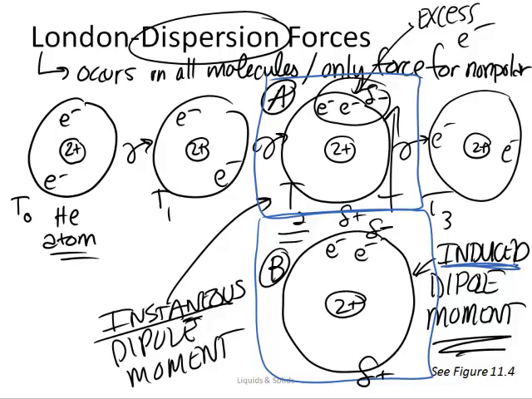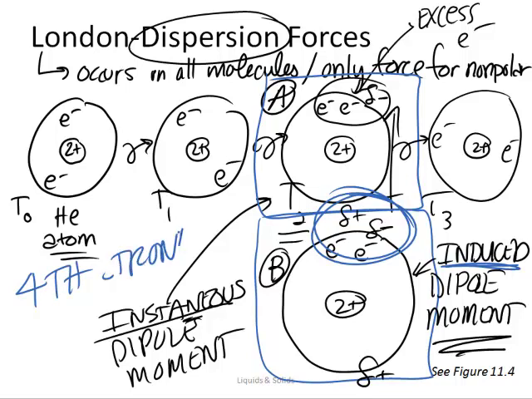Okay, so now we can see how nonpolar molecules can be attracted to each other. When these instantaneous or induced dipole moments set up, there are electrostatic attractions between the partial positive charges and partial negative charges. They are certainly weak because they only happen randomly and for an instant, so this is our fourth strongest intermolecular force.